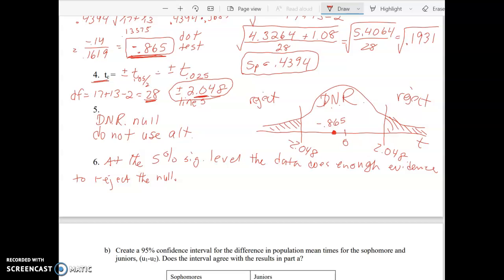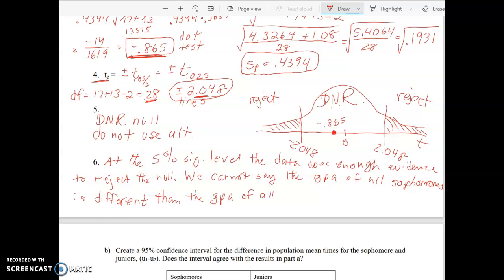So we cannot say the GPA of all sophomores, sorry it's so messy, is different than the GPA of all juniors. So their GPAs are not different.